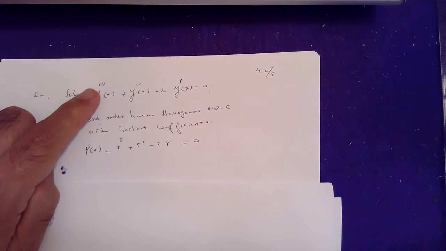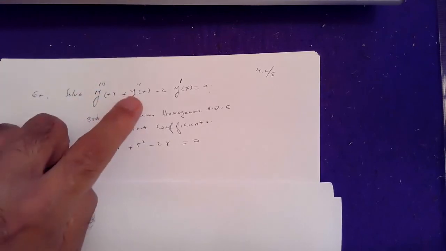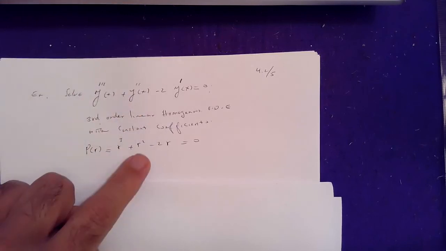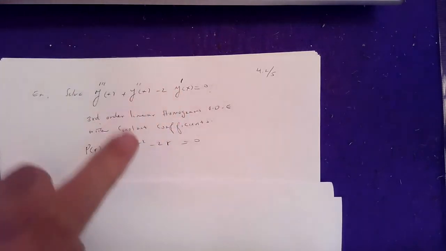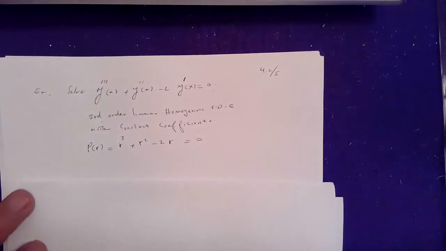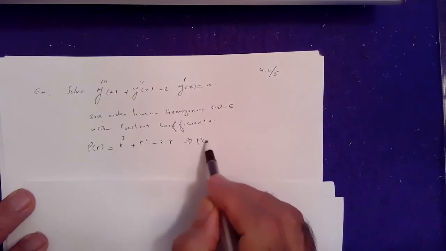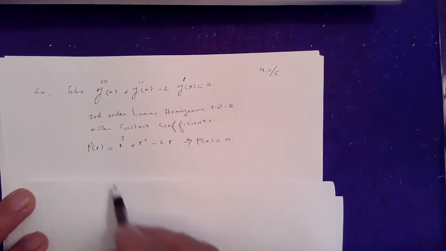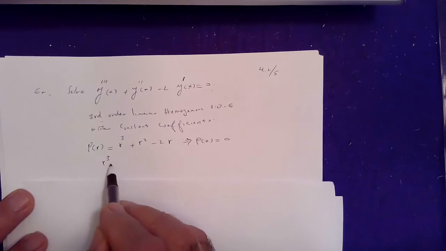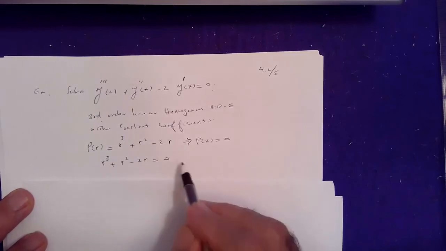Remember, y triple prime gets replaced with r cubed, y double prime with r squared, and y prime with r, and there's no y, so I don't have to worry about it.